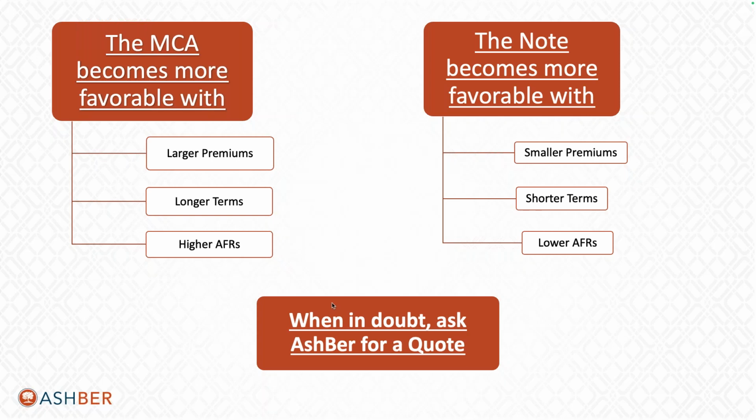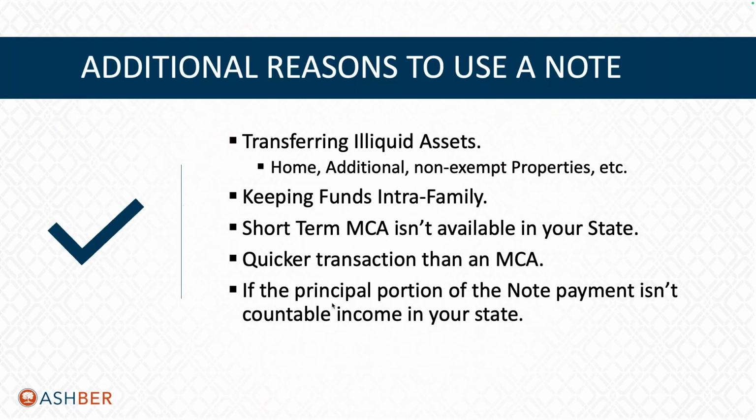We're more than happy to run promissory note quotes for you, as well as the annuity quotes that we already do run for all of our clients. We monitor the AFR regularly. We do some promissory note consulting for some of our clients when the annuity is not an option. So we do have some experience in that area as well.